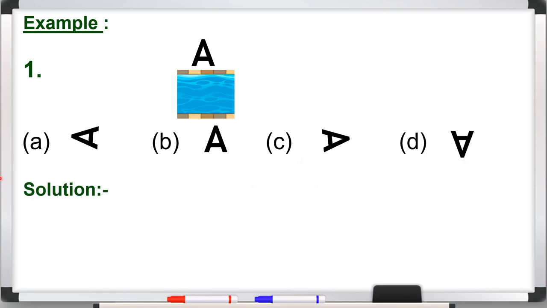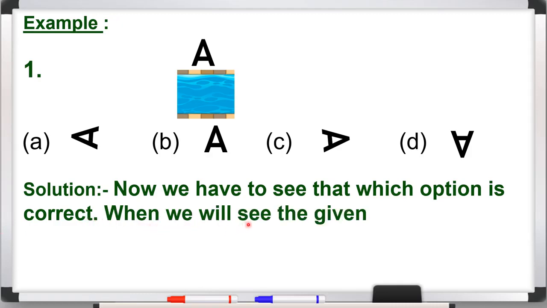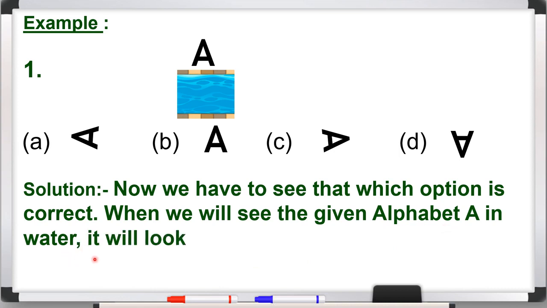So the solution is, we have to see which option is correct. When we see the given alphabet A in water, it will look like option number D.